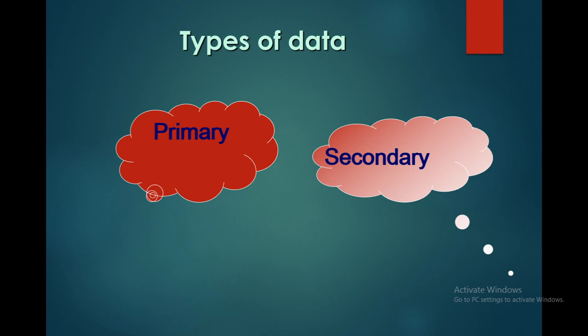That type of data is already taken from a third party or some other researchers. So primary data and secondary data are the two different types of data according to the source.